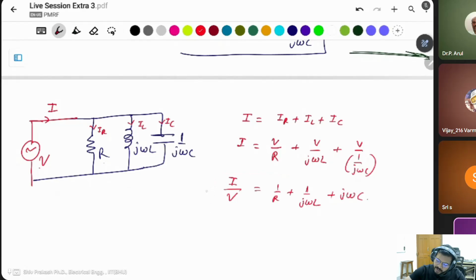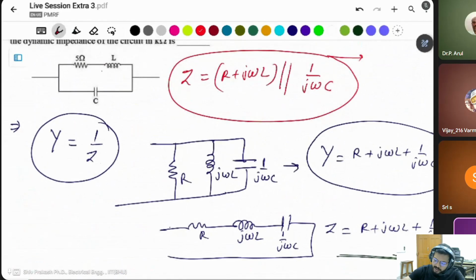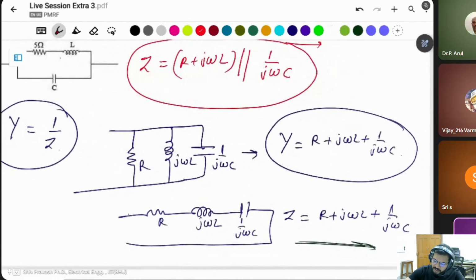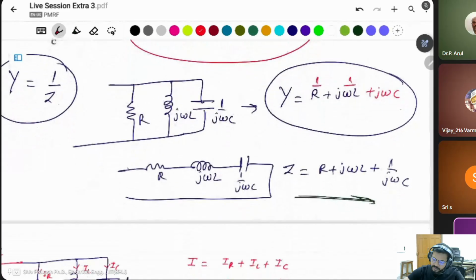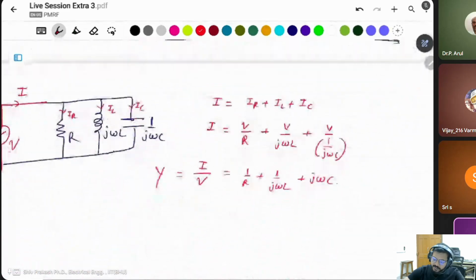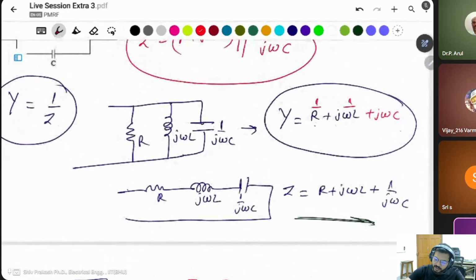This I by V is admittance. Sorry, I directly wrote this one. This is not actually this; this is 1 by R and this one, plus J omega C. Okay, like that, the admittance of all three.